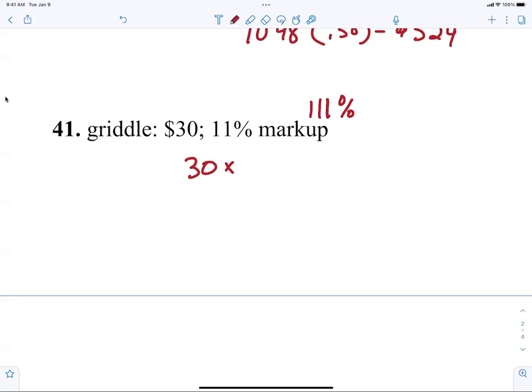Come on, what decimal is it? Come on, you guys, you got to know this. You move the decimal 2 places. Right, 1.11. That's exactly correct.